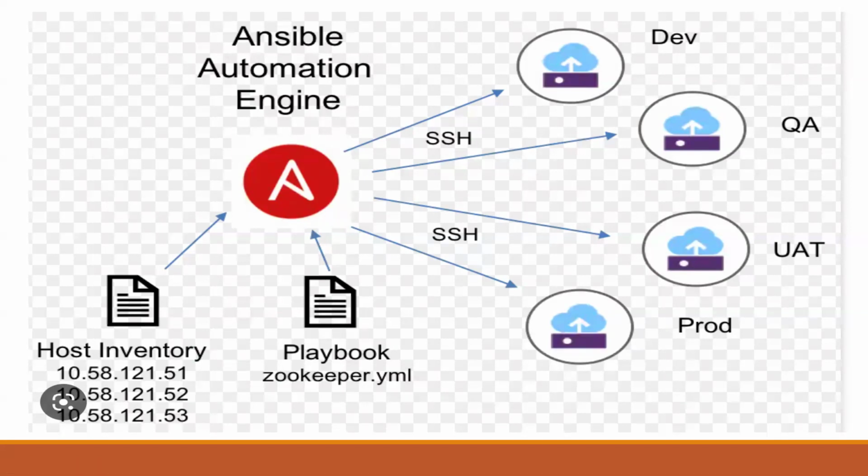So inventory is nothing but the list of which client, which target machines you want to install Apache on. Through SSH, for dev, QA, UAT, prod, whatever it may be, we can install and configure the application. Okay.